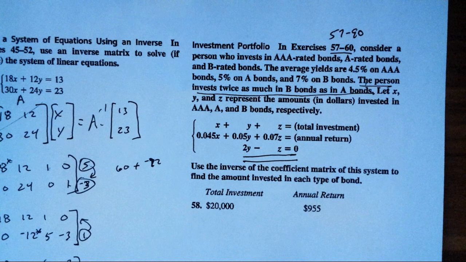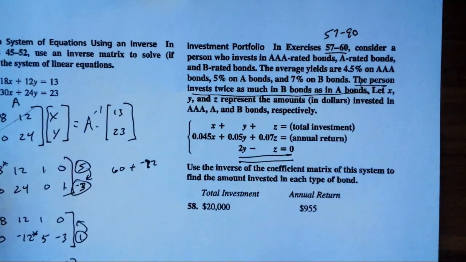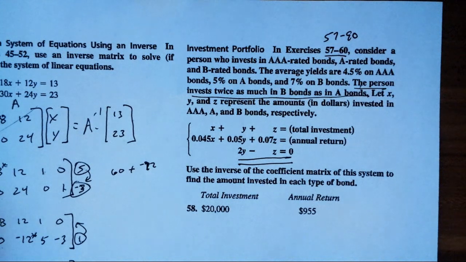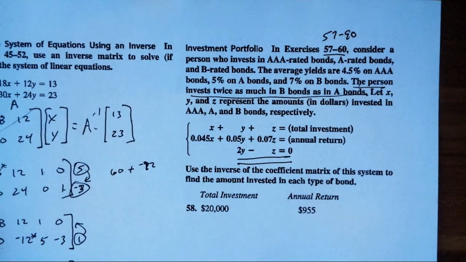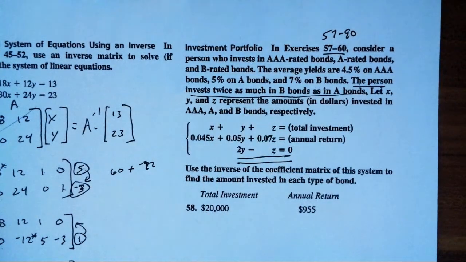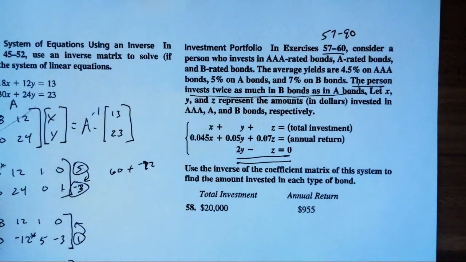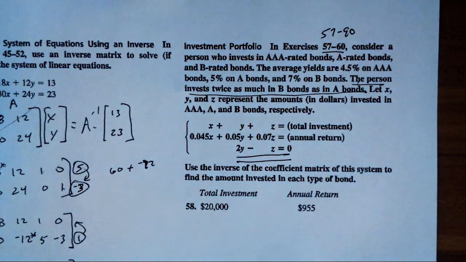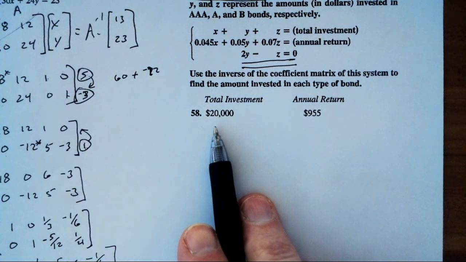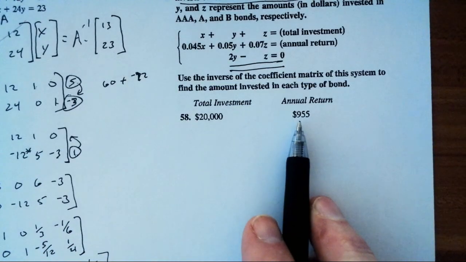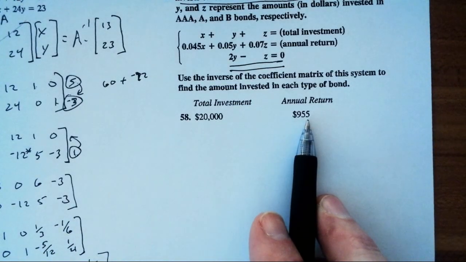You're the investment guru and you got your shop and you have been studying this and you've just decided right now I got about 50 clients that need to come into me and talk about this investment strategy I have where we invest twice in here, and they're going to come in and they're going to say, well, I've got, for instance, $20,000 to invest. Can I get an annual return of $955? That's really what I'm looking for.